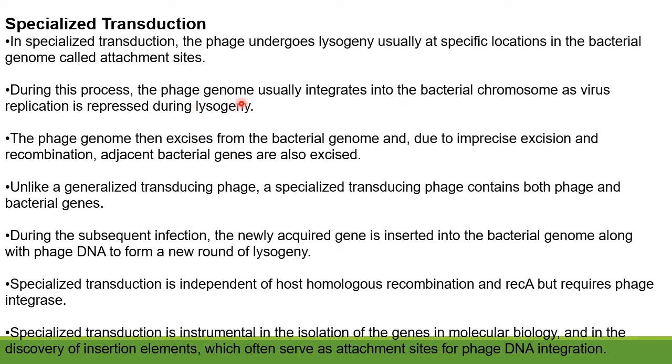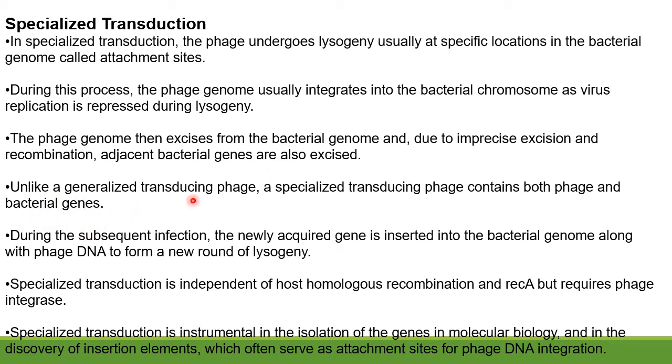So the phage DNA integrates into bacterial DNA as virus replication is repressed during the lysogenic cycle. The phage genome then excises from the bacterial genome, and due to excision and recombination, adjacent bacterial genes are also excised. Okay, so some pieces of bacterial DNA are also excised, means they are taken out or cut off with the phage genome.